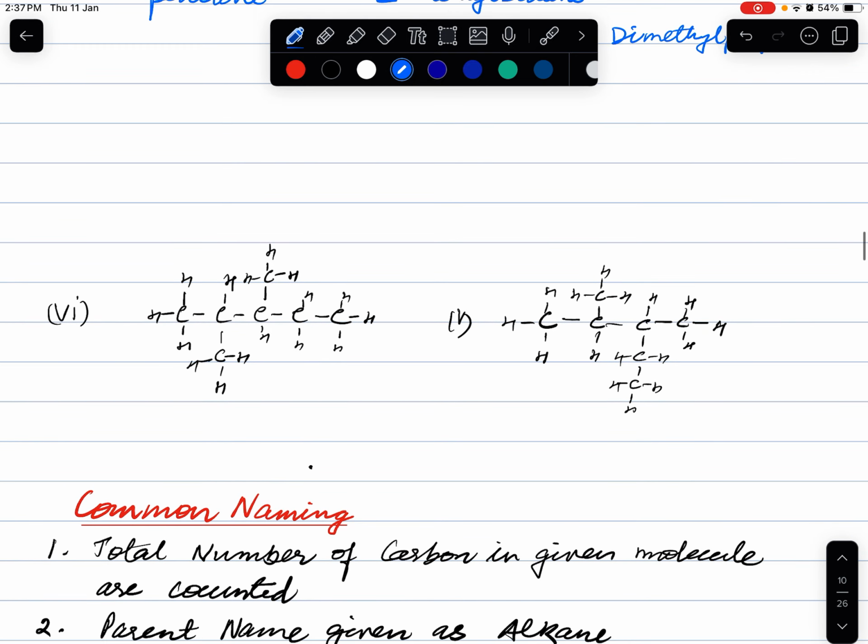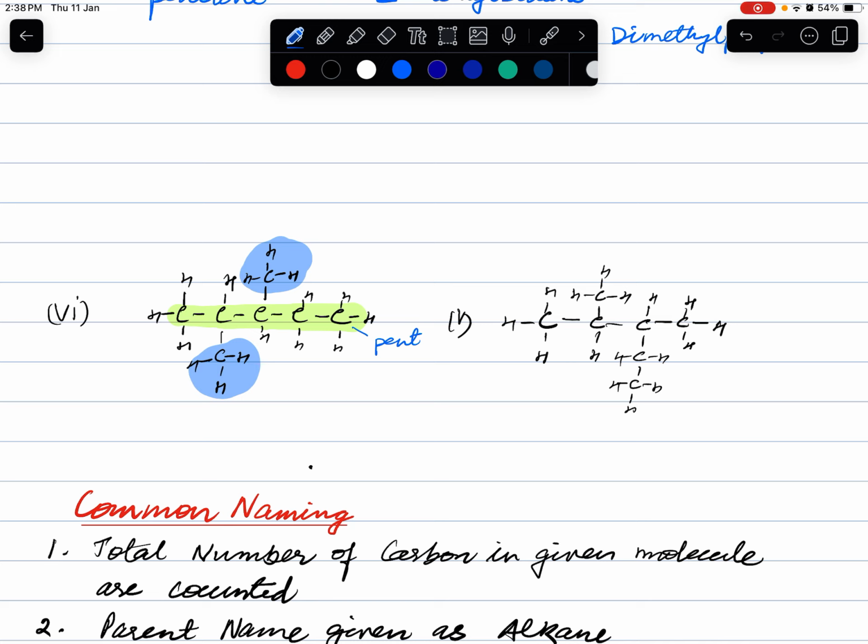Now next compound. In this compound we have a straight chain of 1, 2, 3, 4, 5 carbon atom. Fine. And we are having branches. One methyl here, another methyl here. So for this we will write pent plus ane, as a parent name.